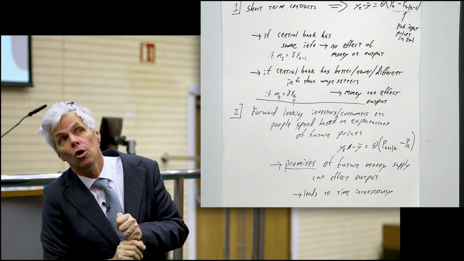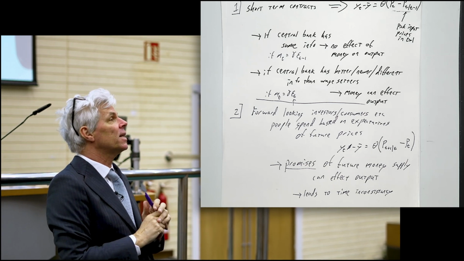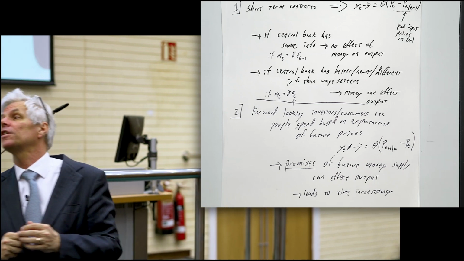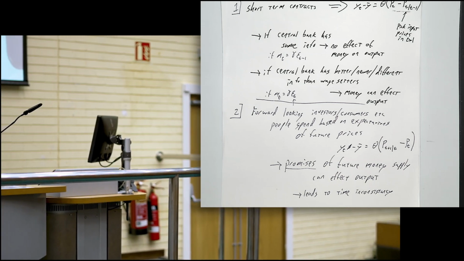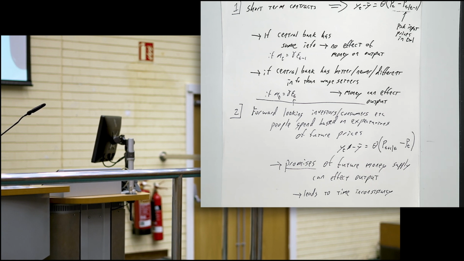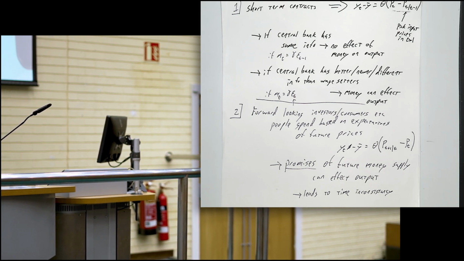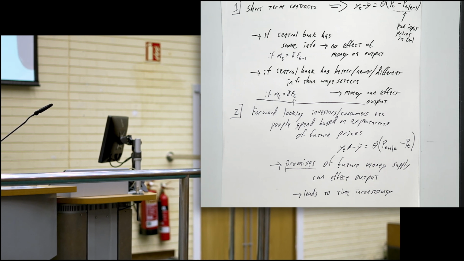In the model, we assumed that the central bank always kept its promise, right? That's how we solve the model. That's how we do all of this rational expectation stuff. But in reality, of course, it's not quite as clear. Okay? So this is the intuition. So we have these two main reasons why money might affect output, or any policy, in fact, might affect output.